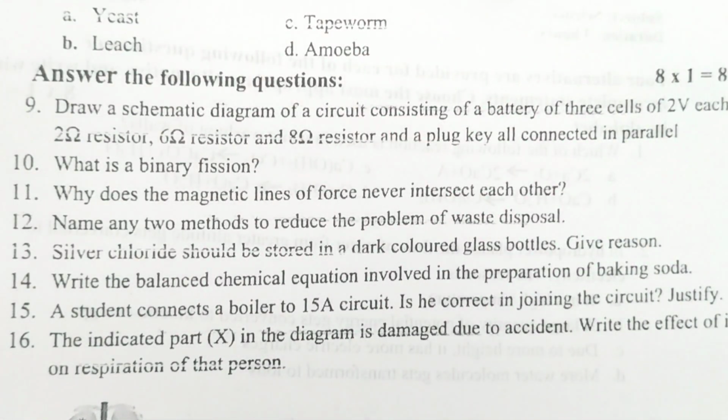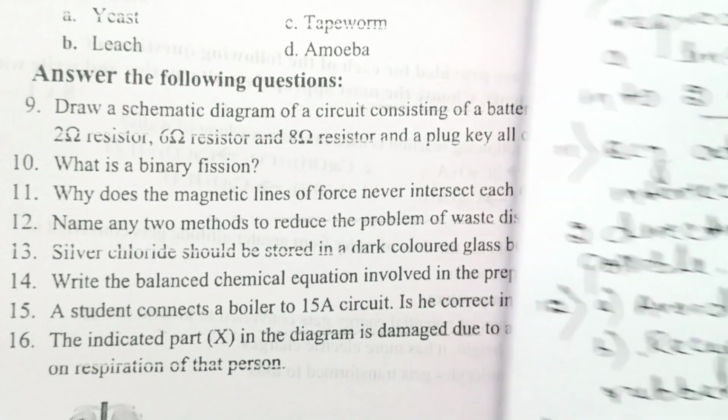Now let us move to the 16th one. The indicated part X in the diagram is damaged due to accident. Write the effect of it on respiration of that person. That means the lungs are damaged.